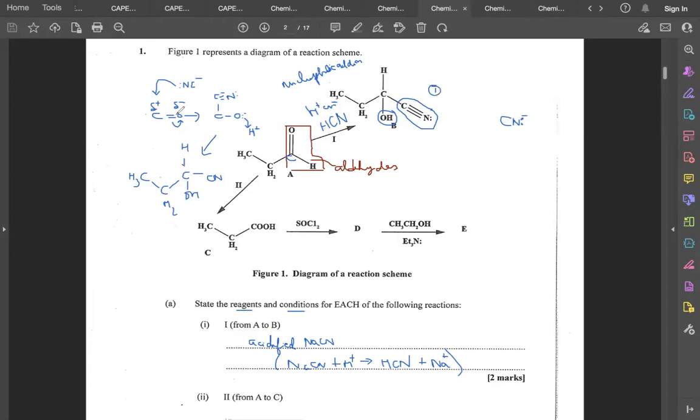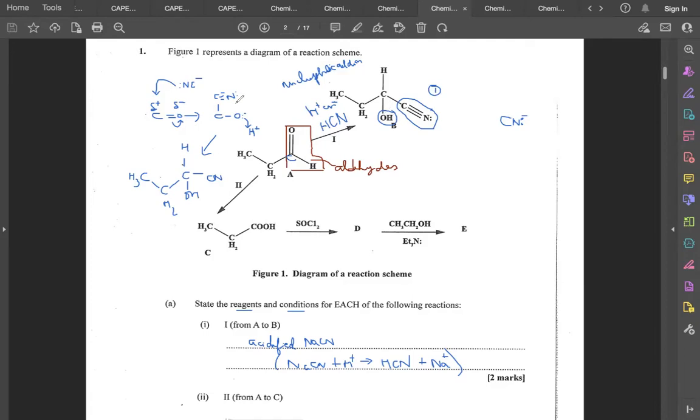And then part 2 now, what's going to happen is that you have this double bond, right? The oxygen now is going to take 2 electrons from this double bond onto itself. And so it ends up having a net negative charge on it, right? That way it can attract the hydrogen ion that's in solution, coming from the HCN, to itself, and you end up with an OH group being here.